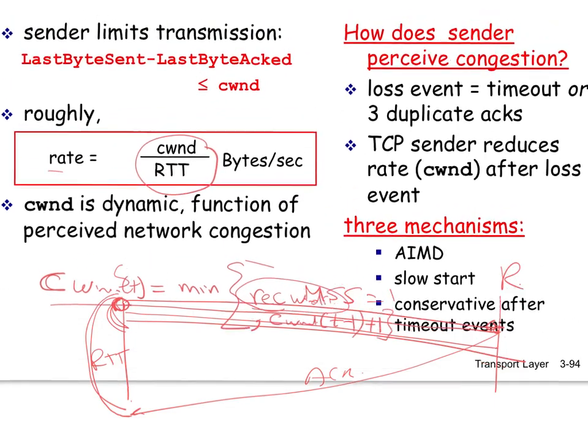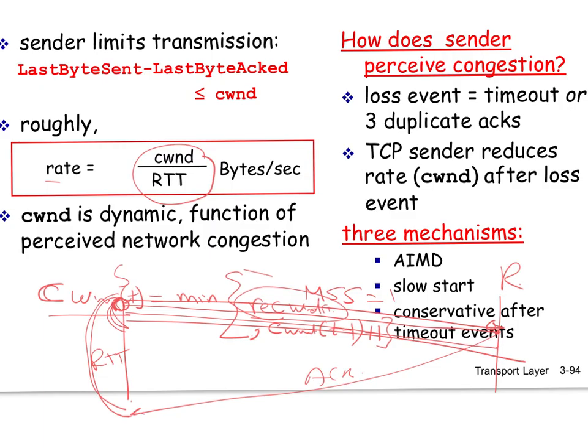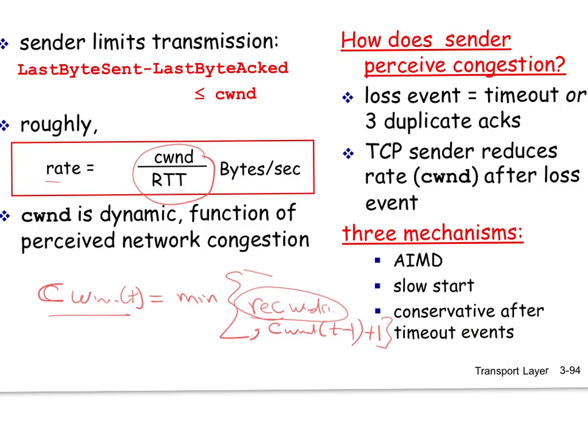If I keep increasing like this, then one of 2 things might happen. There has to be a limit. So either we have a timeout or 3 duplicate acks. These are the 2 possible things that might happen. Depending on these events, TCP might say, okay, I will deal with them seamlessly.